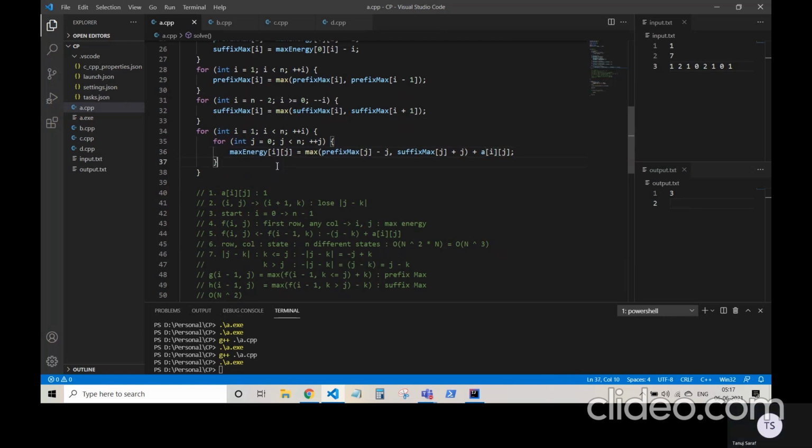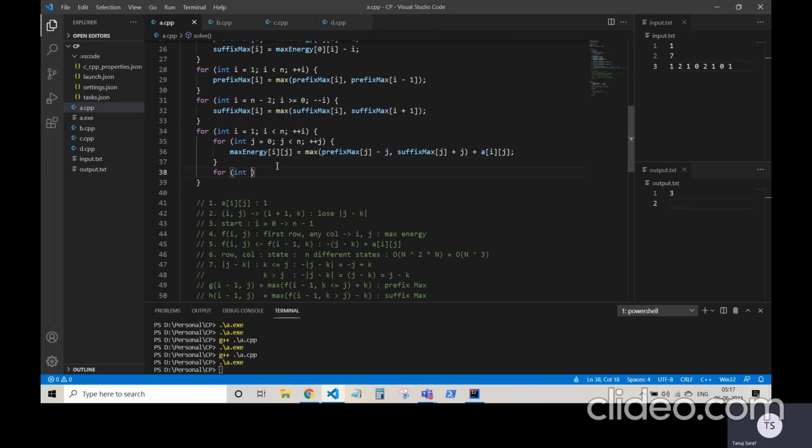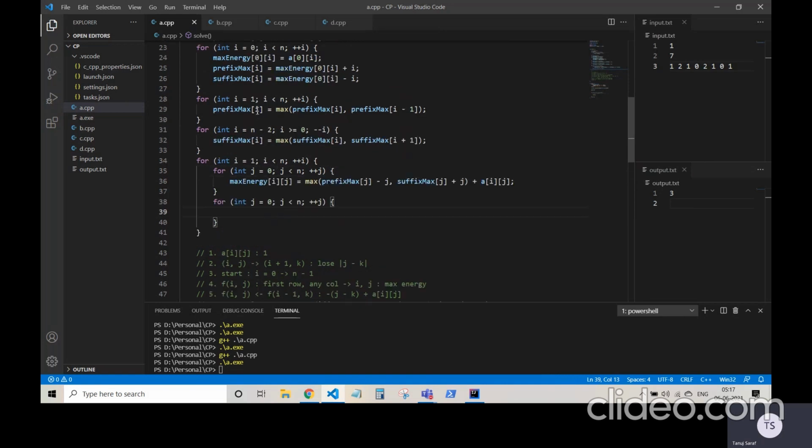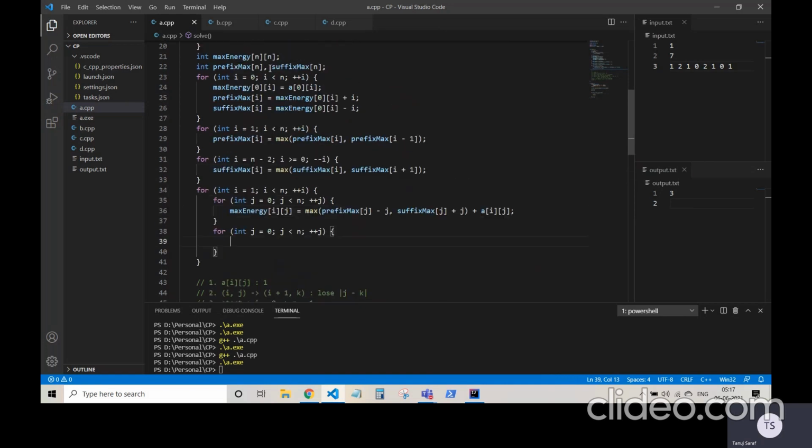So after doing this, now we need to update the prefix and suffix arrays for the ith row. So basically I could have maintained this as a 2D table itself, where this would have been the first row, and then I would be storing values of the next row.